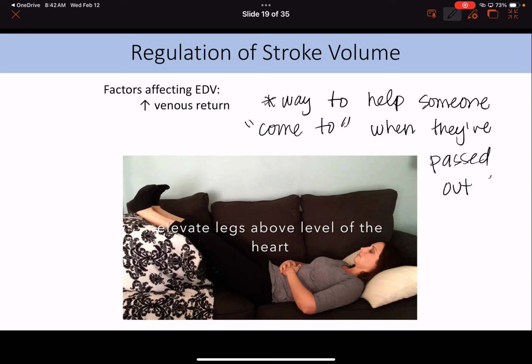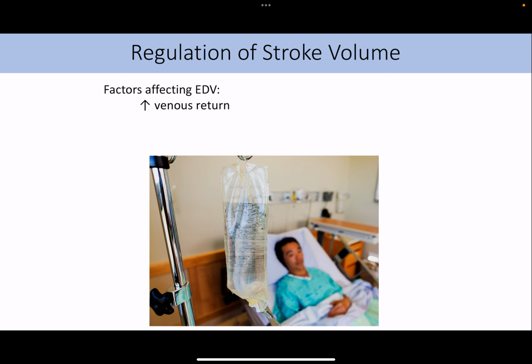Everyone okay with that concept? And then the last way we'll talk about is through an IV. If we hook up someone with an IV, they're getting more fluids. What you're doing is you are increasing their blood volume. If you're increasing the volume of blood in general all over the body, you're going to be increasing the amount of blood that's returning to the heart.